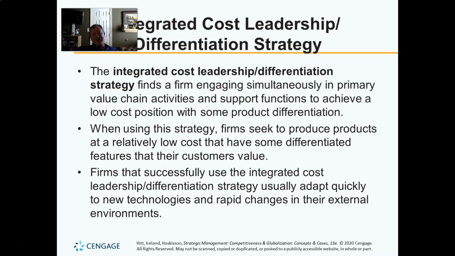But if it's someone else, they might give them an extra fried biscuit. So it's a little something extra that's given as a token. That's the integrated differentiation strategy. And again, it does not have to be very much at all.